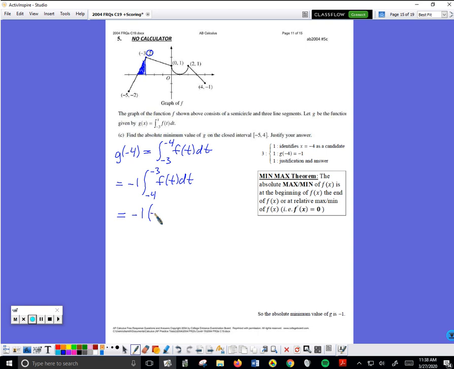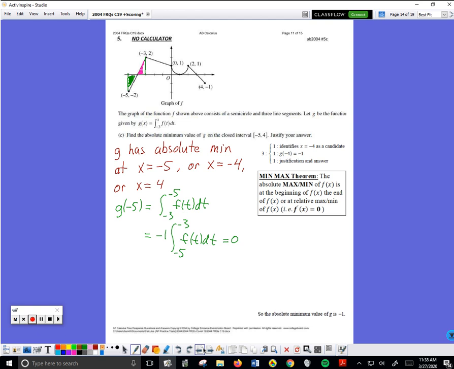But I had a negative 1 multiplier. So I just found out that G of negative 4 has a value of negative 1. I still have to check one more point. Got to go find what G of 4 is, because those are the places where G could have been lowest.